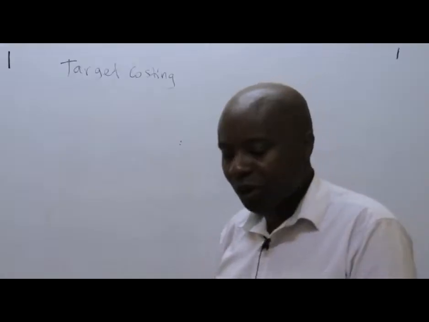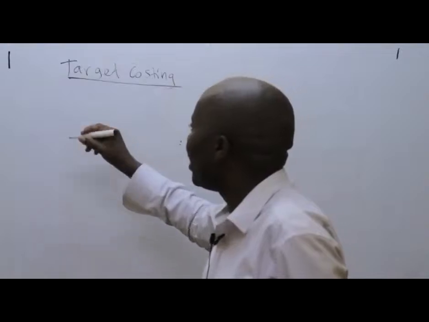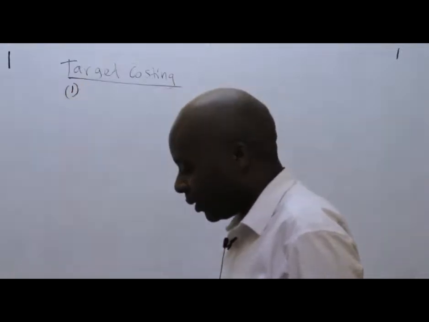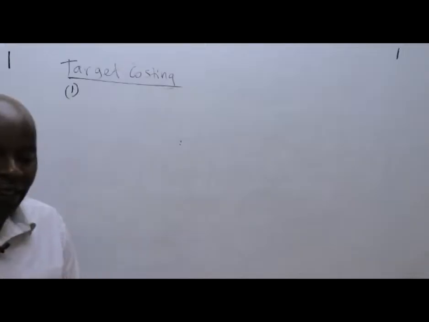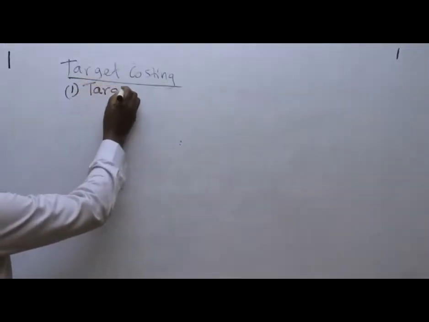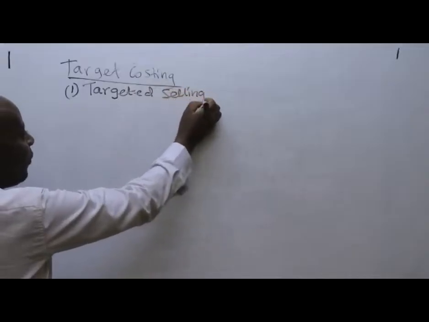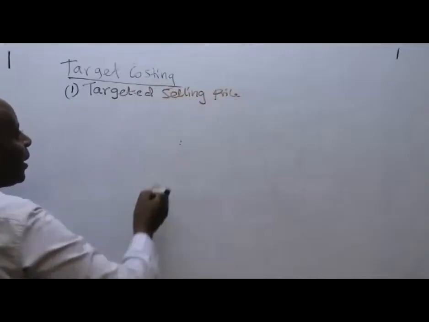So under target costing, step number one will be identification of the targeted selling price. You identify a targeted selling price.